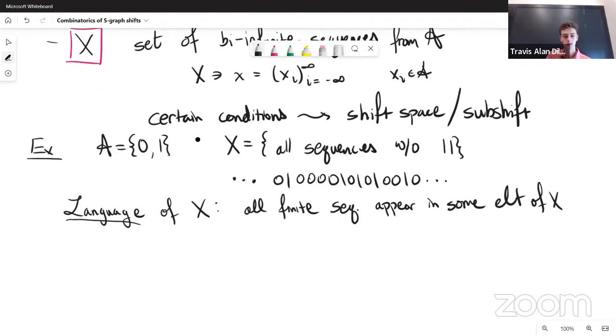Well, we abbreviate it by L of X for language. We can just go out and calculate this.